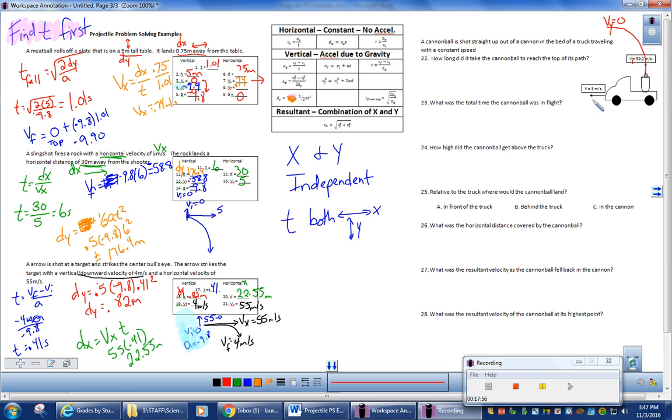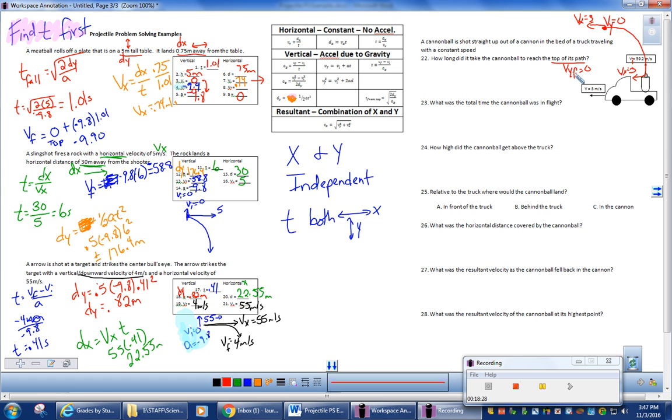Now if my truck started out going 3 meters per second, then that cannonball is also going 3 meters per second. And then still at the top of its path, it still has a horizontal velocity of 3 meters per second. So our x velocity is constant. We want to know how long it will take for it to reach the top of its path. So at the top of its path, I know that my final y velocity is 0.